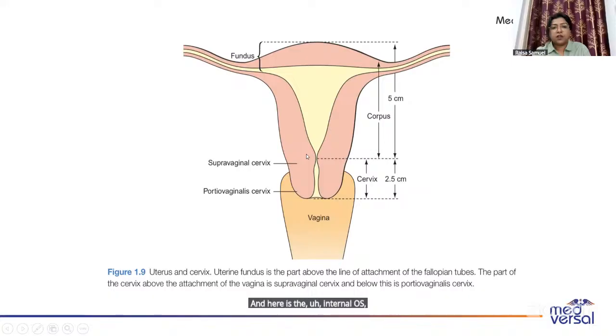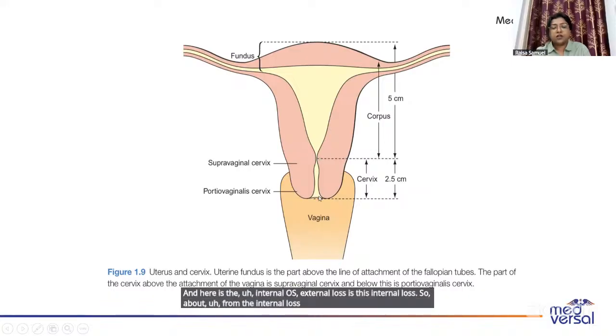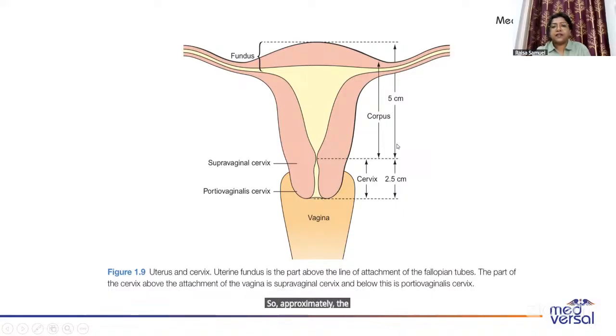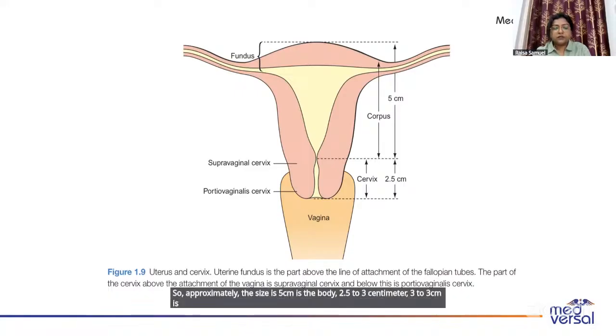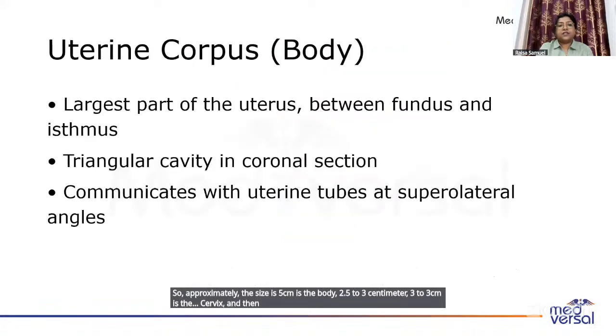From the internal os to the external os is the cervix, supravaginal cervix and postvaginal cervix, and this will connect into the vagina. Approximately the size is 5 centimeters for the body and 2.5 to 3 centimeters for the cervix, and then it connects to the vagina.